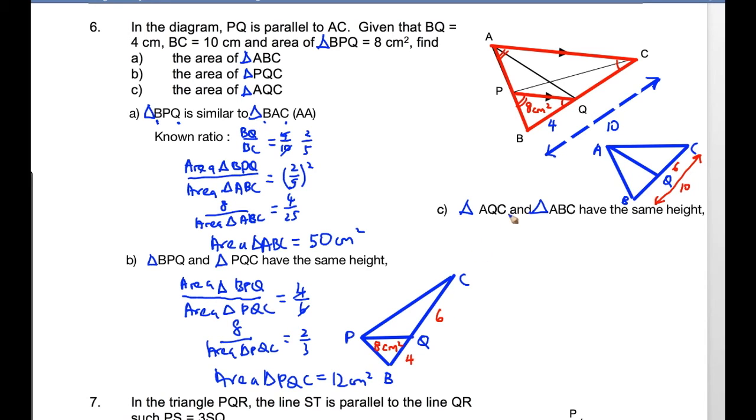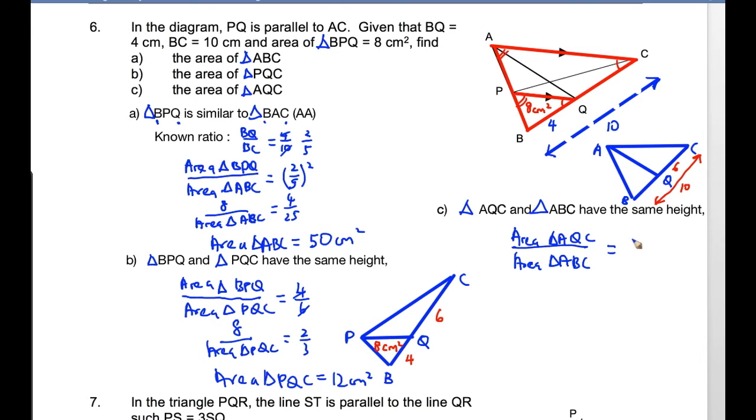In the last part, we need to find the area of triangle AQC. Once again, we can see that this triangle has the same height as the big triangle ABC. Therefore, the ratio of their areas, AQC over area of triangle ABC, is just simply the ratio of their bases.